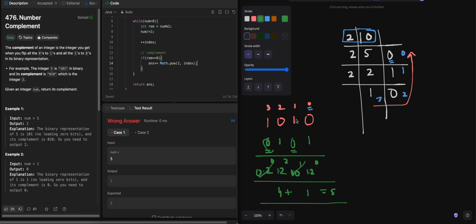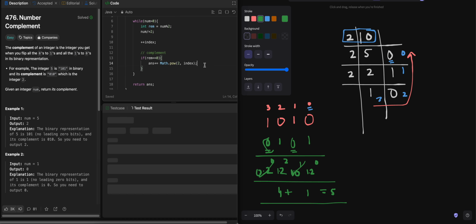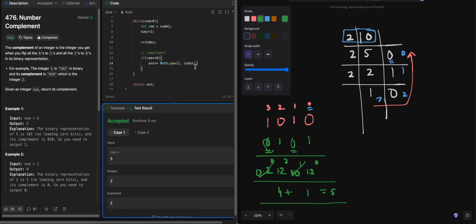We have to keep track of that index also, so then only this 0 will come at index 2. Okay, so that was the problem. Let's try to run it now. Right, now it should work properly.